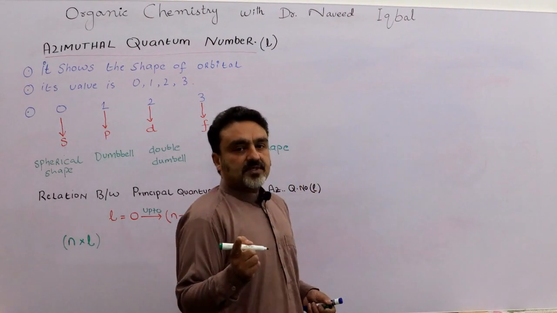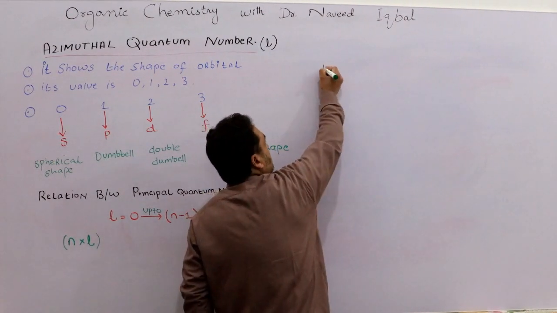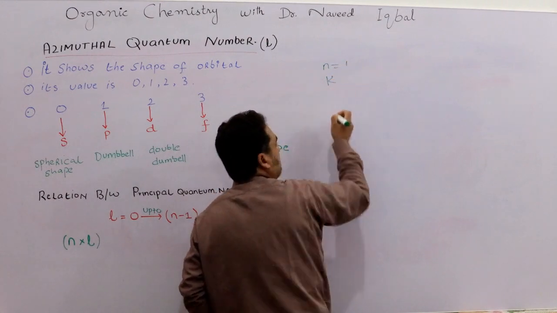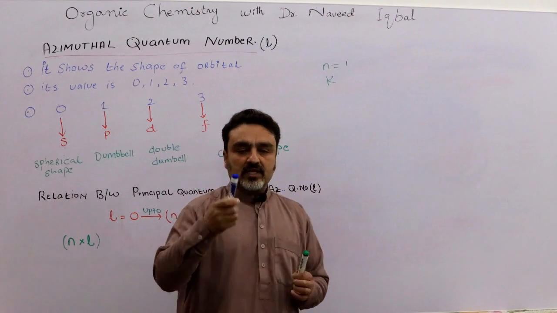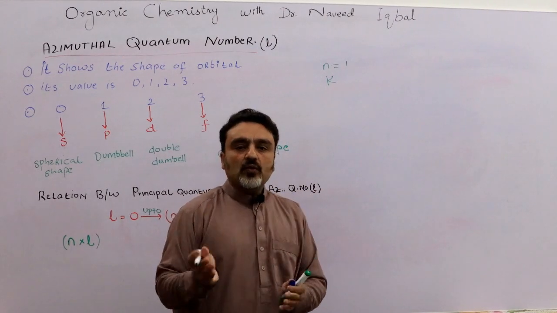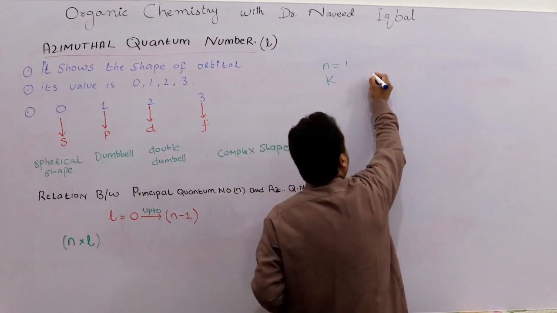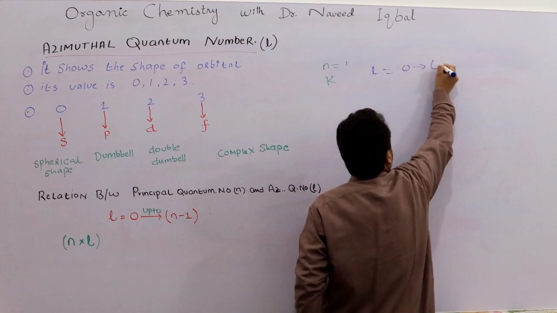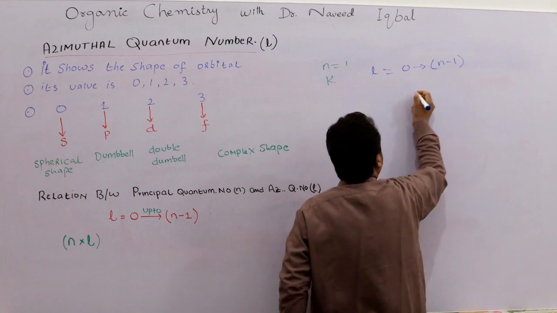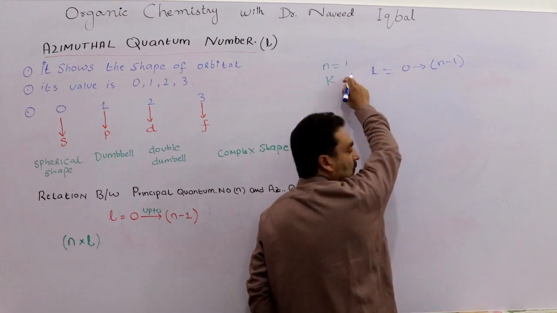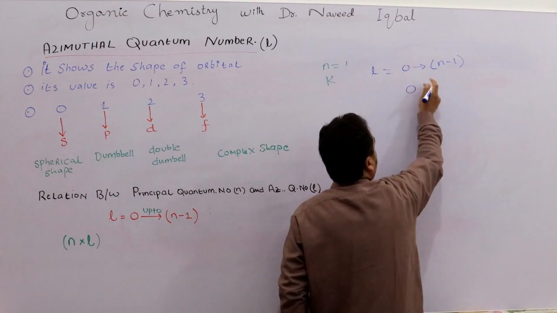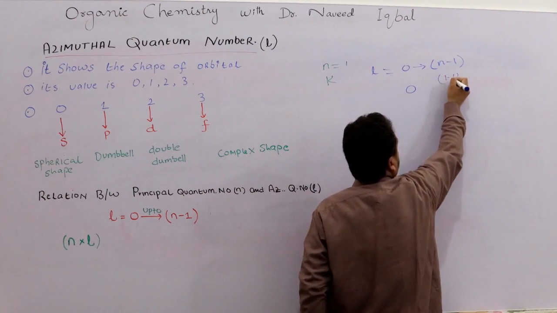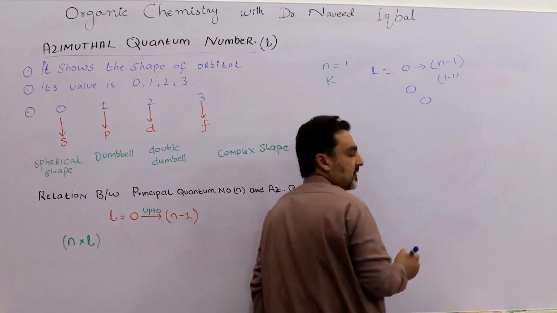If the principal quantum number n is equal to 1, we are talking about the K shell. What would be the value of L for it? L would be equal to 0 up to n minus 1, and for n equal to 1, 1 minus 1 is 0, so it would be 0.